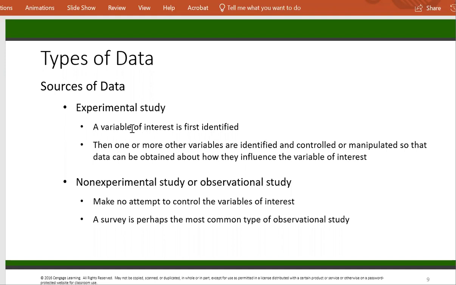You can design an experiment. Someone can record the age of people who arrive at the school on a certain date, and that could be an experimental study. So you are collecting data only for your research question, and you can control or manipulate the data depending on what you're looking for.